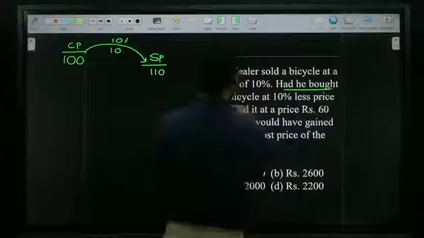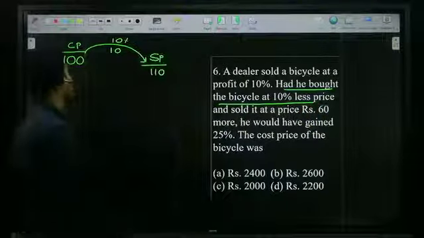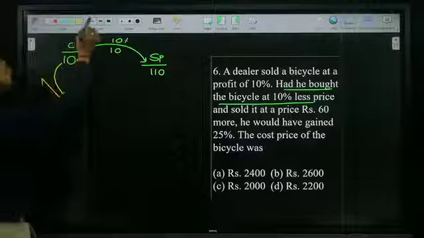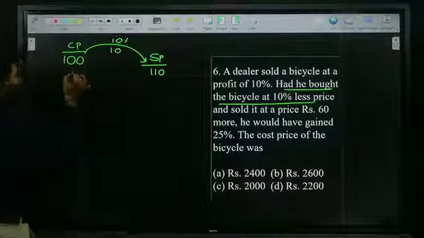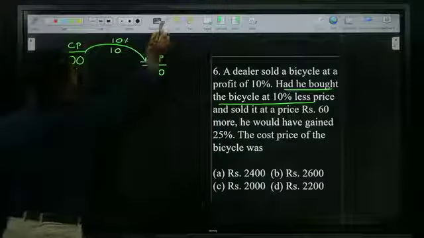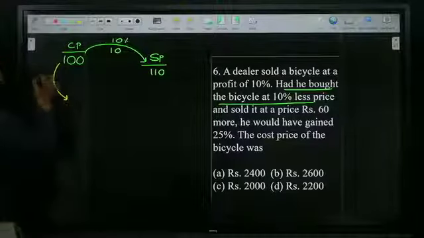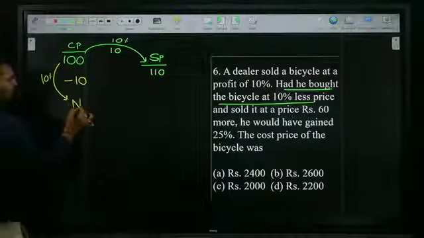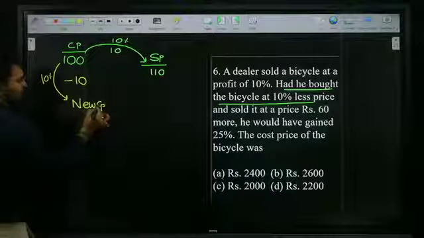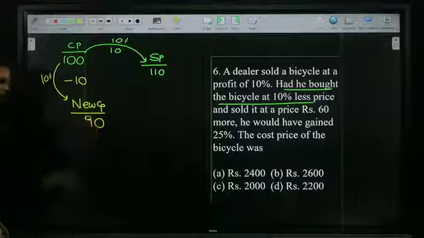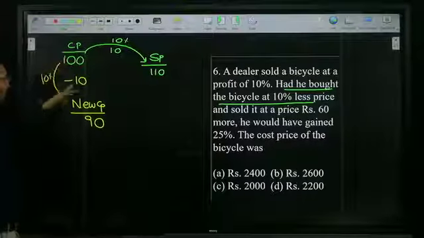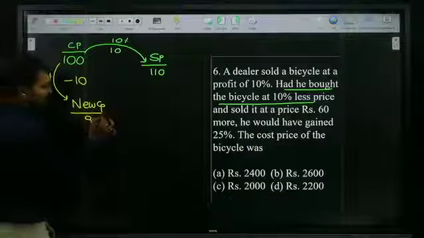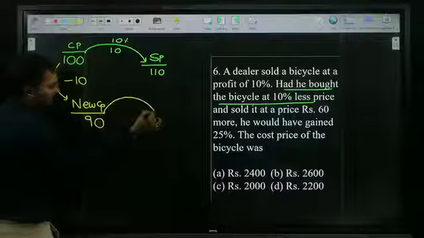Next time he bought the bicycle 10% less, so 10% of 100 is 10 rupees less. New CP is 90. Whenever he is selling, 60 rupees more.